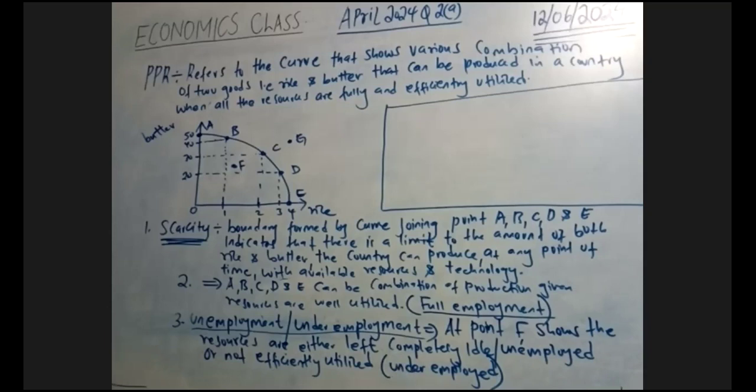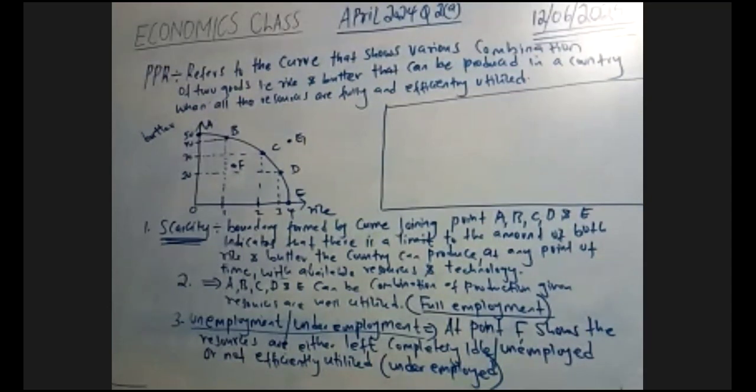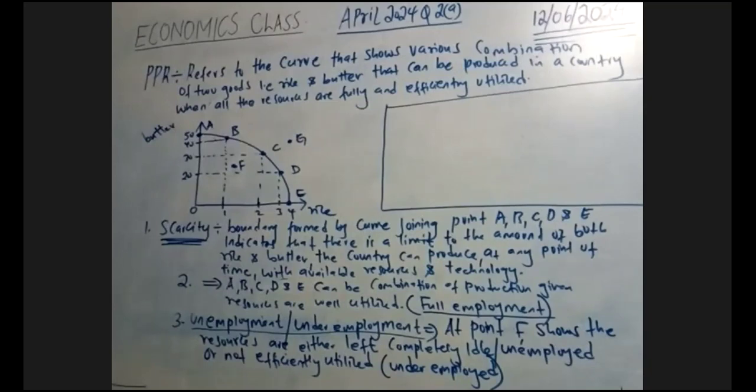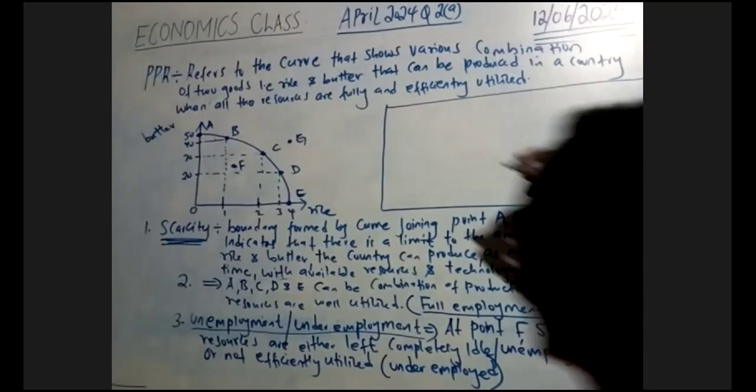And then the last one we can also add is about the unattainable level, as number 4.